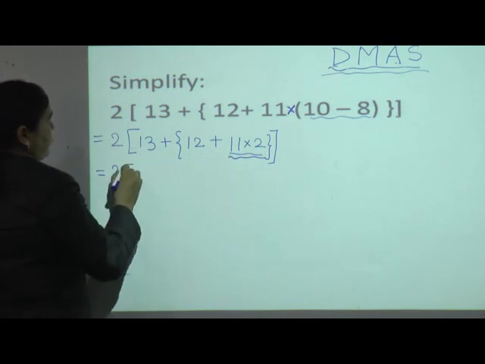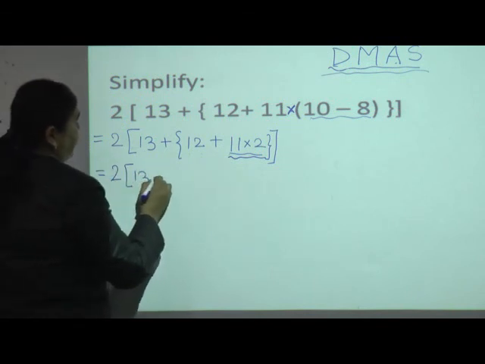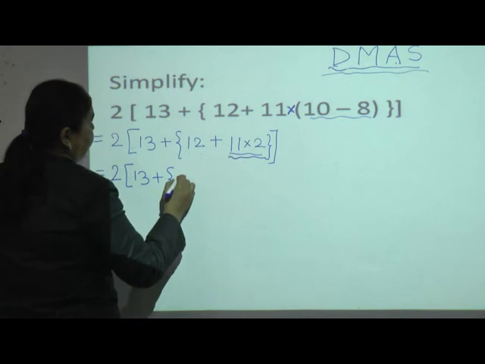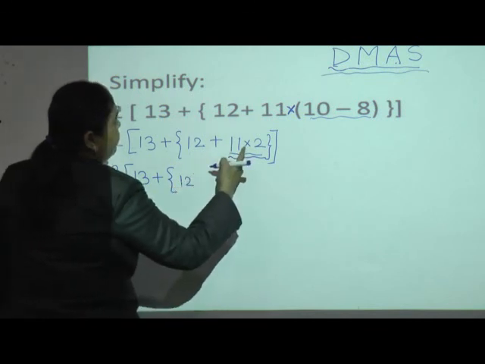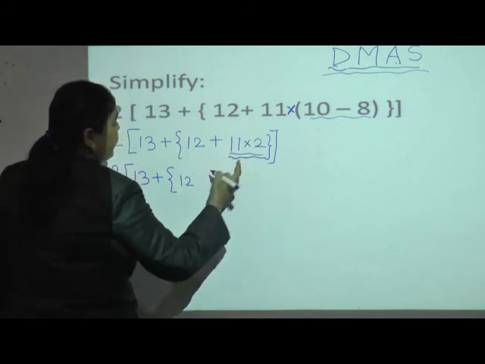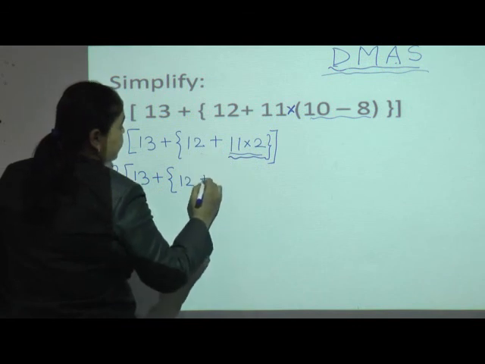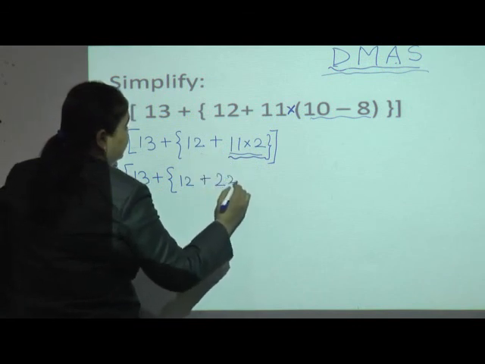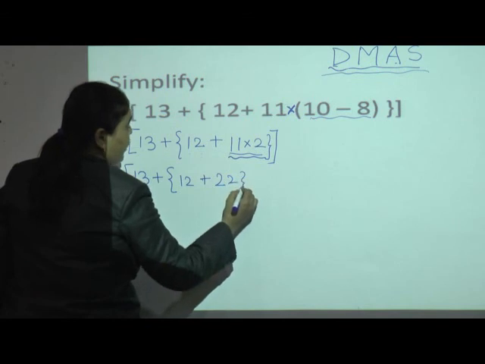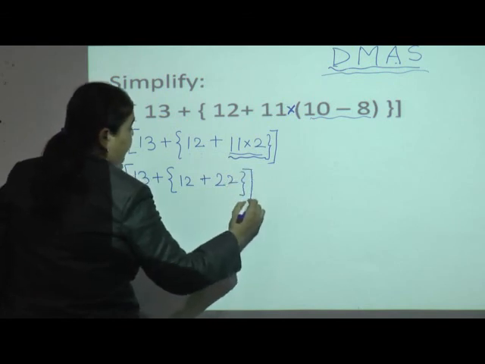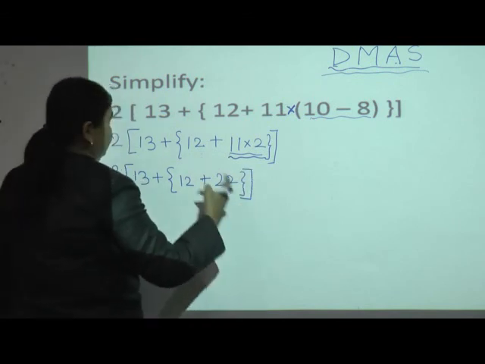Here is 2 square bracket 13 plus curly bracket 12. What is 11? 2 elevens are 22. My operation here is plus, this is 22. I have to write the curly bracket and the square bracket, I have to close it.